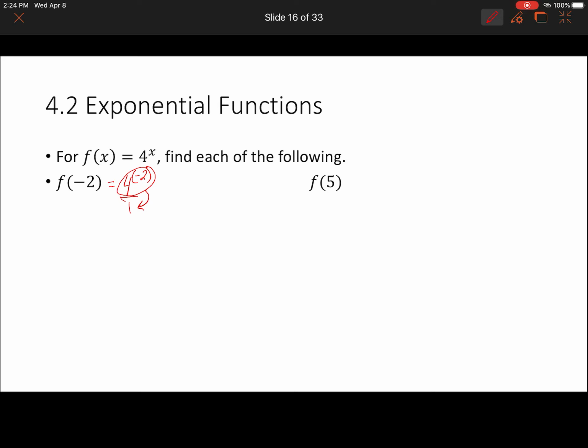When we do, there's a 1 left on top and now 4 to the positive second on the bottom. 4 to the second we know is 16, so it's 1 over 16. And so there's that answer. Hopefully that's something you're going to be able to do without a whole lot of issues. As we move forward through this, you're going to need to know how to deal with negative exponents.